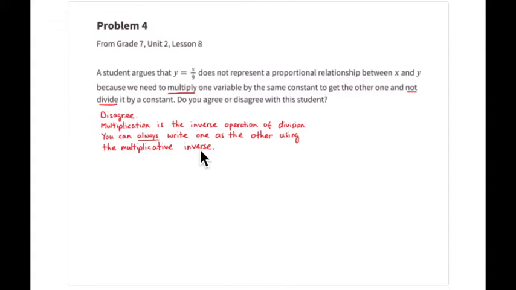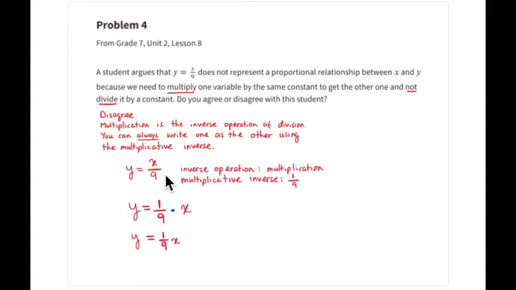So if you rewrite x divided by 9 using the inverse operation, which is multiplication, now it's going to be x times, and what are you going to multiply it by? You're going to multiply it by the multiplicative inverse of 9, which is 1/9. If you use the inverse operation, you have to use the inverse of the number, which in this case is 1/9.